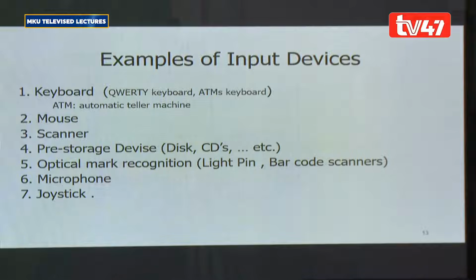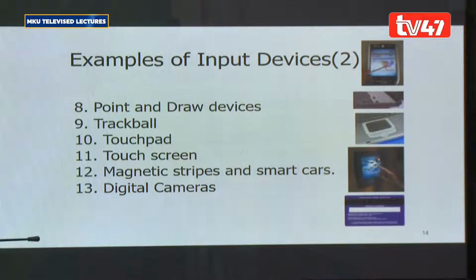Examples of input devices include the keyboard, the mouse, the scanner. The pre-storage devices include the CDs. Also, we have optical recognition, that's the barcode scanners. Those are input devices. We have the microphone, the joystick for the gamers, and then we have the trackball, touch screen, digital cameras, etc.